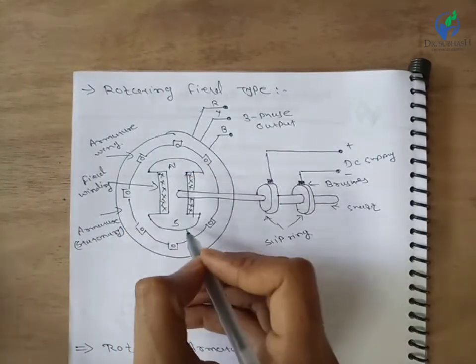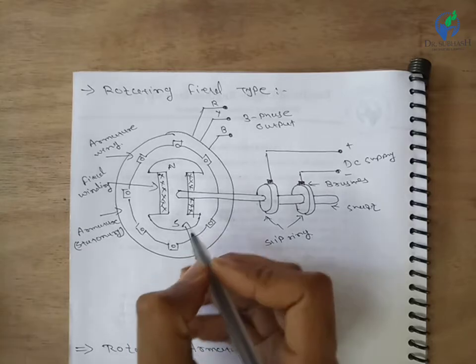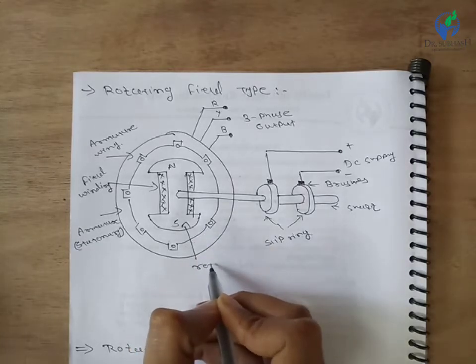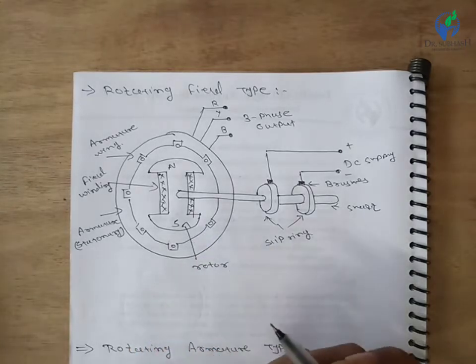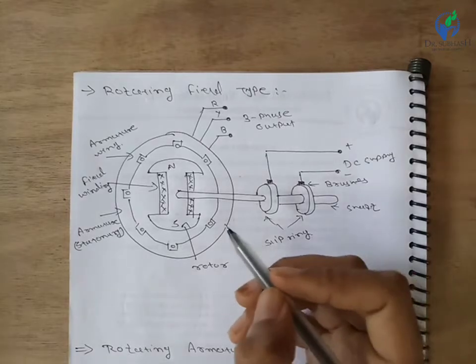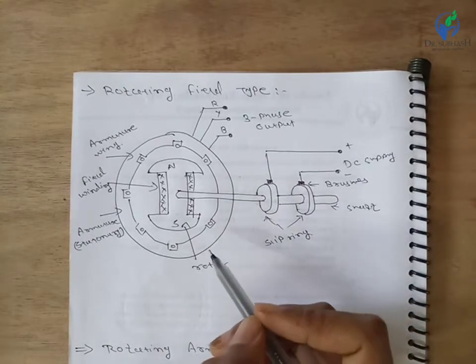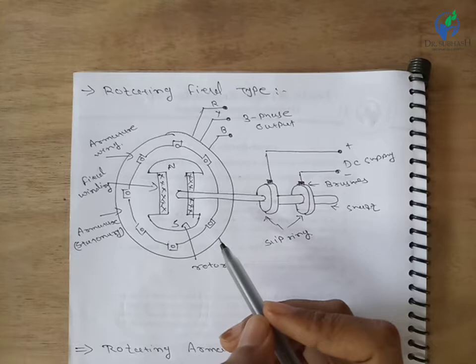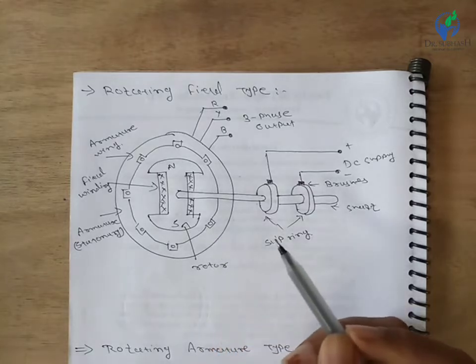Now N and S poles are the rotor parts, so this is a rotating field type construction. In this type, the field system is a rotating member and the armature system is a stationary member.